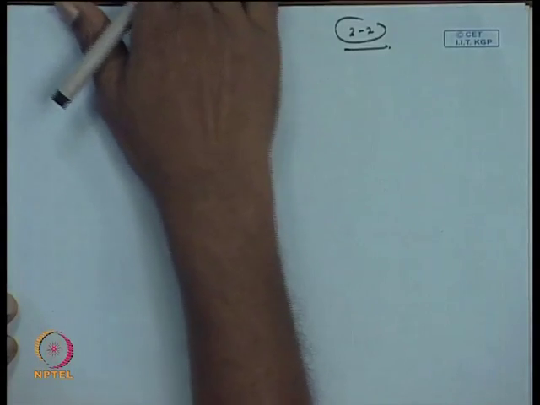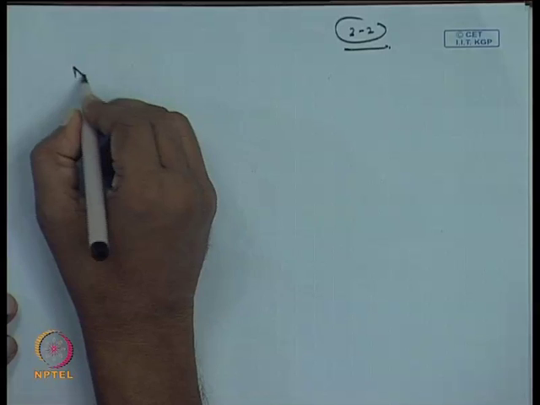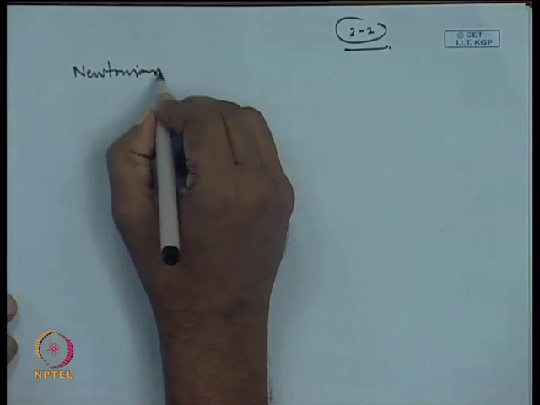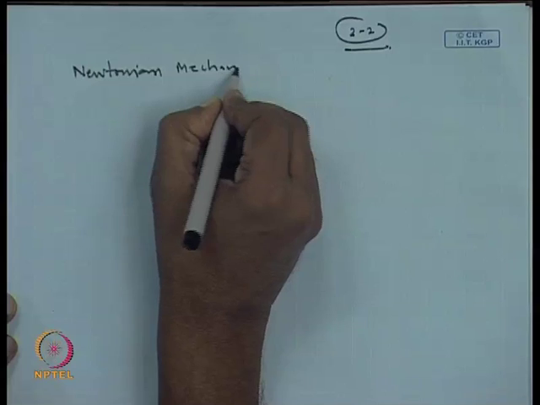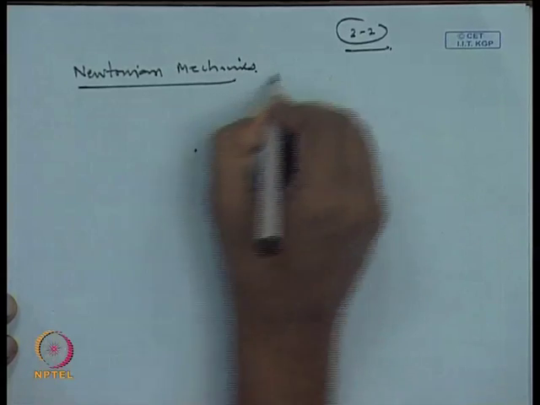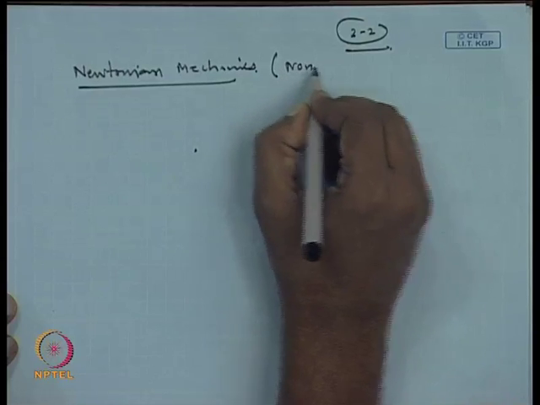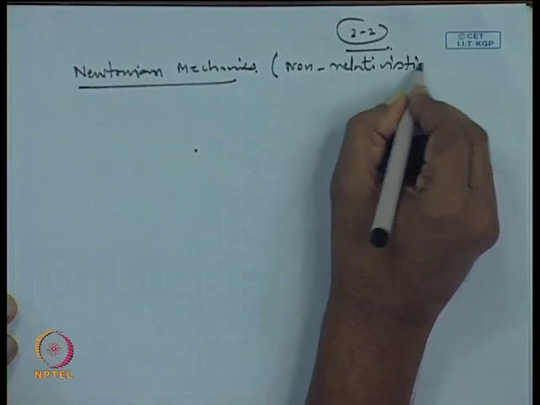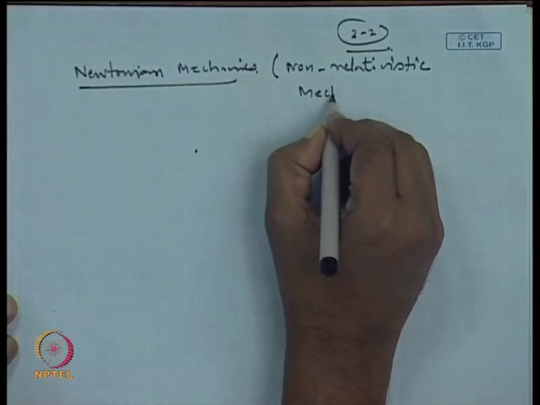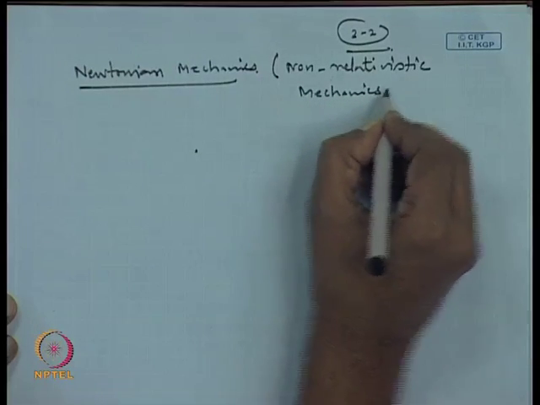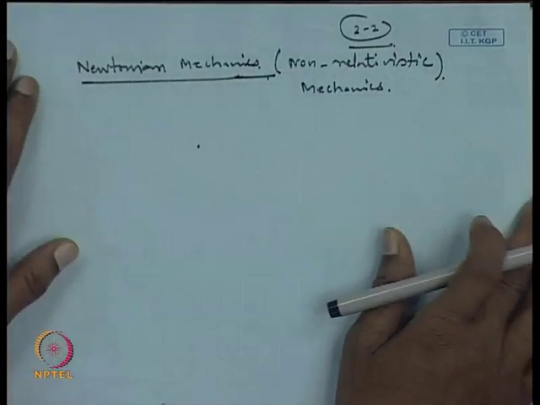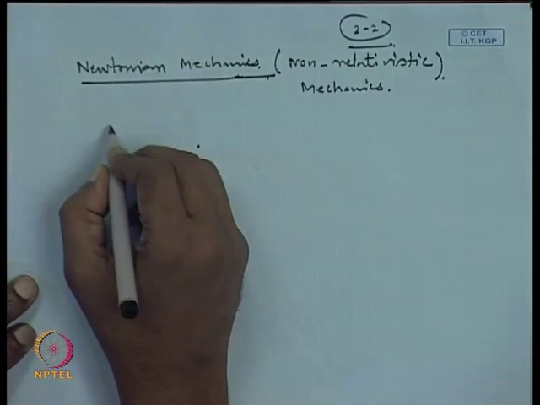Now, another important part that we have to deal with in Newtonian mechanics, which we also call non-relativistic mechanics, is the inertial and the non-inertial frame.